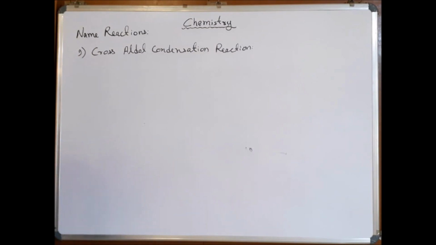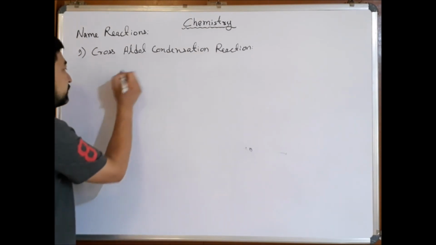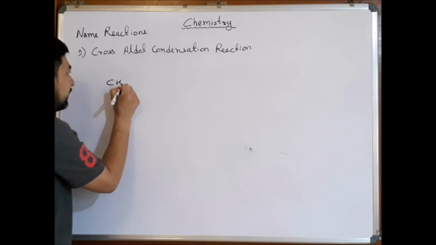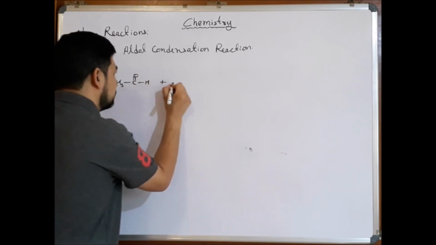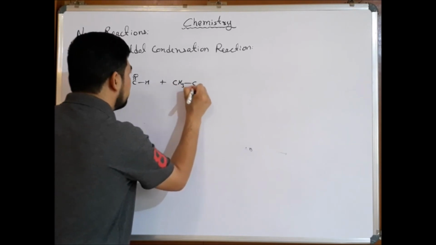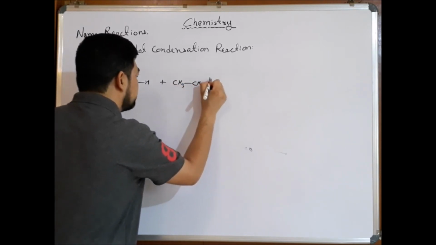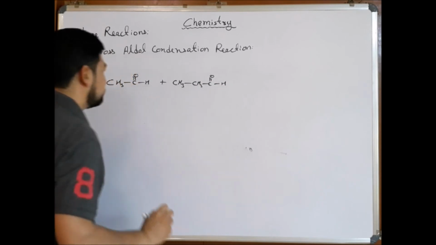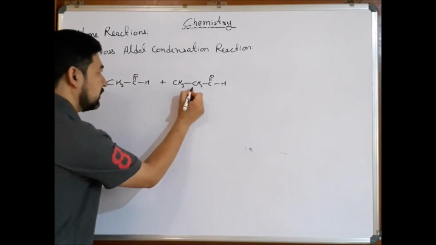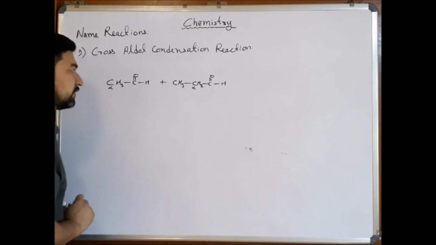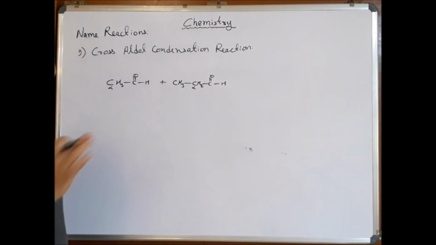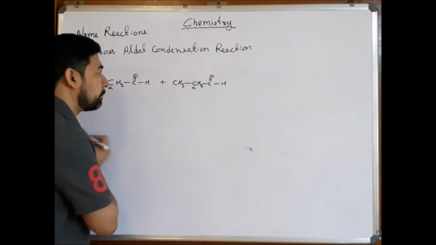Another example of cross aldol condensation is when you have two different aldehydes or ketones, both of which have alpha hydrogen. This is your alpha carbon, so it has alpha hydrogen, and this is also your alpha carbon with alpha hydrogen. So you get a mixture of products.